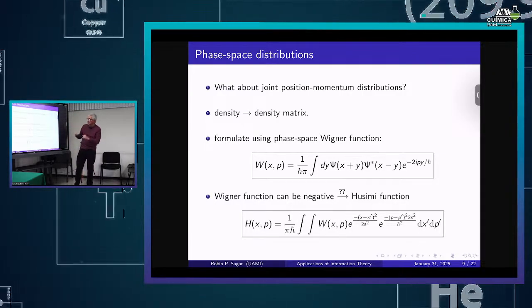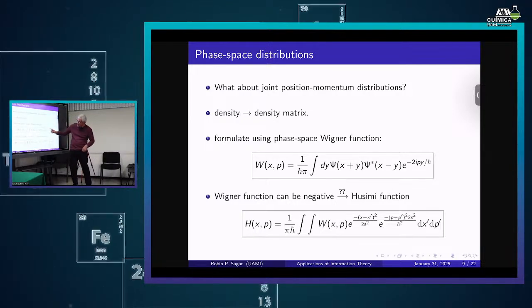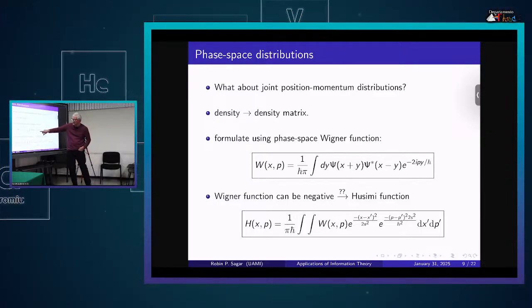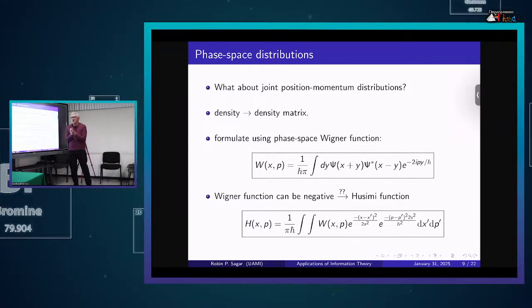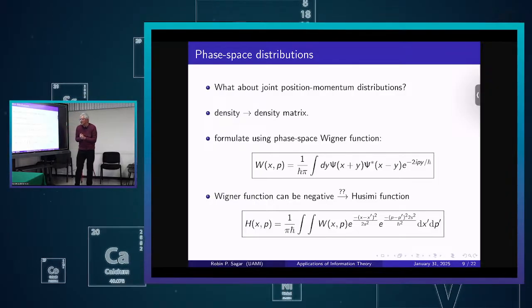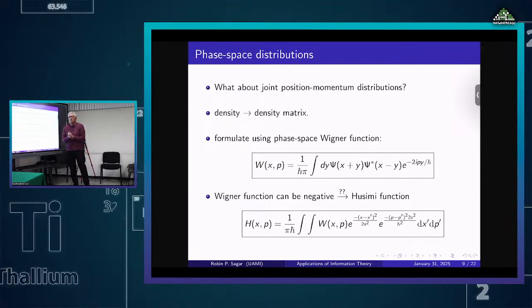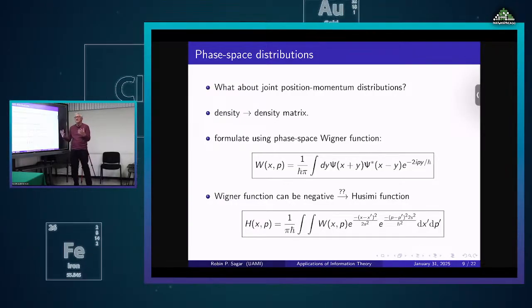The first one is using a phase space Wigner function, where the definition of the Wigner function is here. Now, there are problems with the Wigner function, because to be able to interpret it as a probability, people say it's not a probability. And why isn't it a probability?